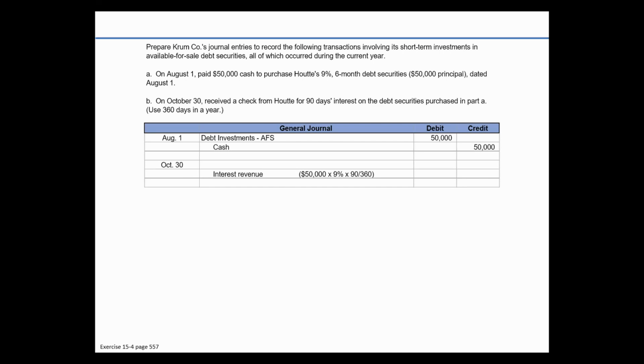So 90 divided by 360, and you come out with that you are receiving $1,125. Then you would debit cash, the amount of $1,125, because you're receiving cash. And you credit the interest revenue, because that would go on the income statement as part of your revenue that you're receiving.